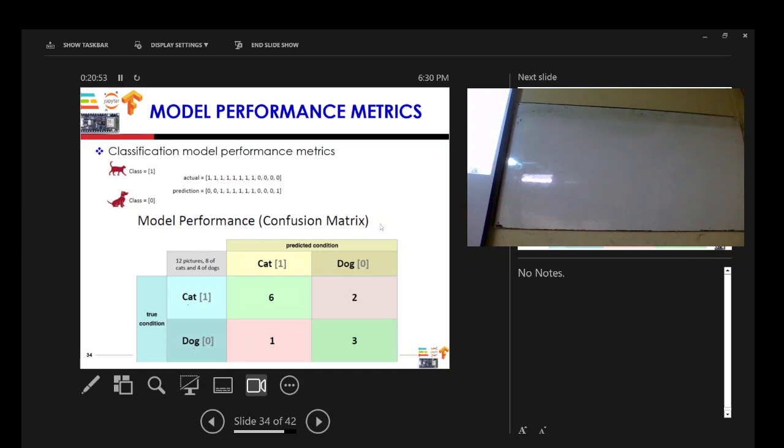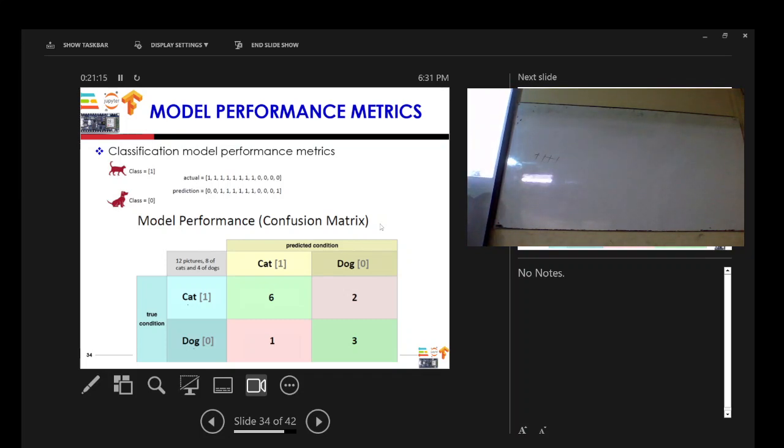This is the predicted value. So I come here, it's a cat, but my prediction is zero. It's a dog. So if the actual one is a cat, the predicted one is a dog. So I come and put a tally, put one here.